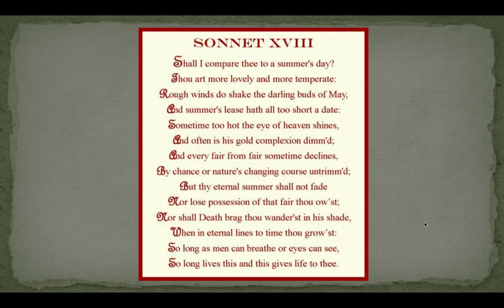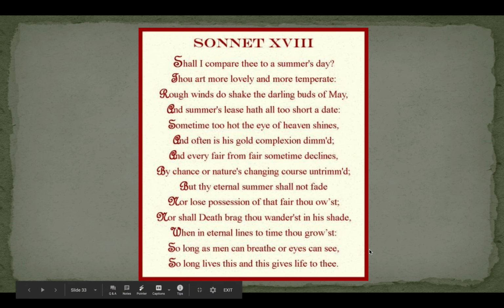Eternal lines. What are eternal lines? We need to ask these questions. Are they wrinkles? You might think of bloodlines. Maybe this has something to do with having children, so that this person will live on by having children. What does that mean?